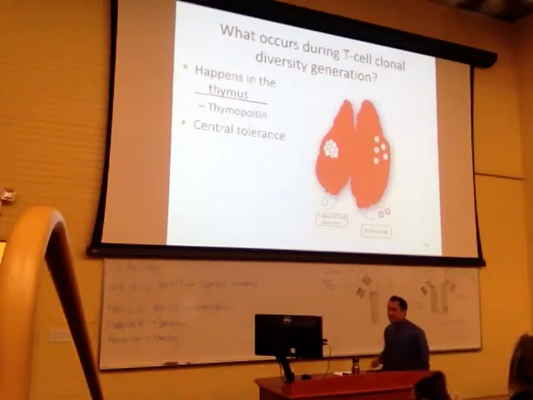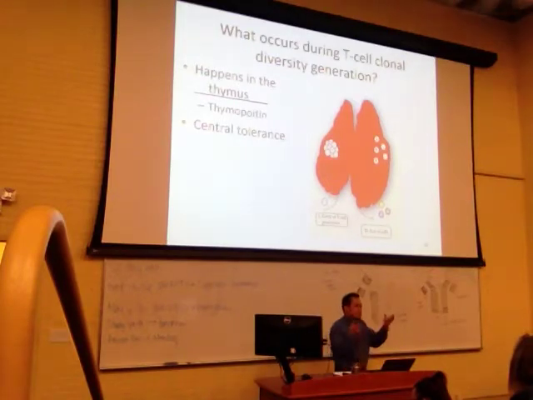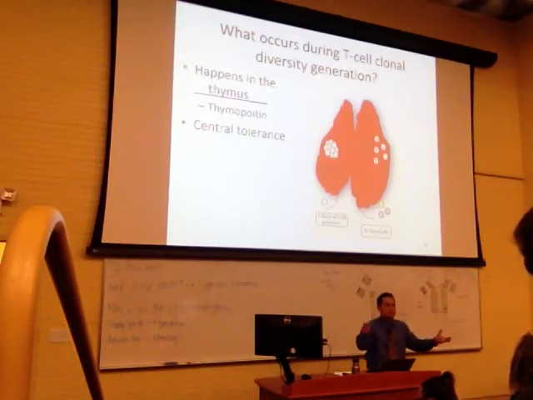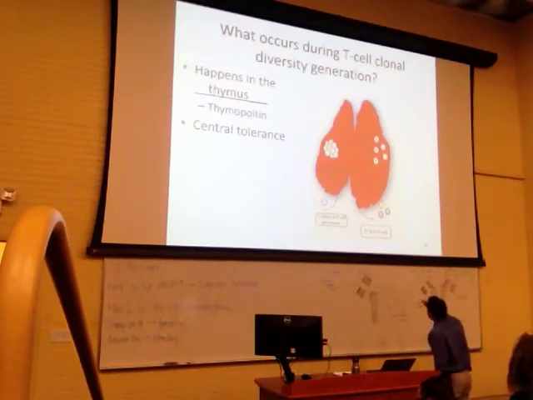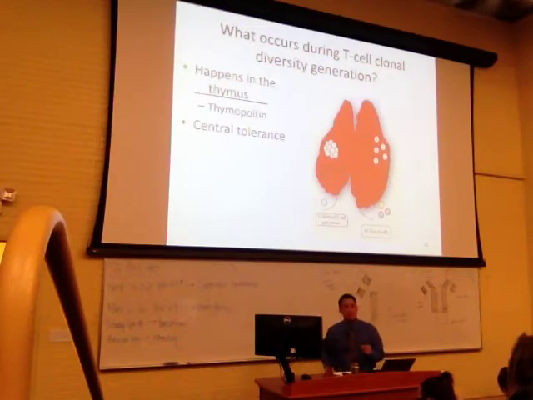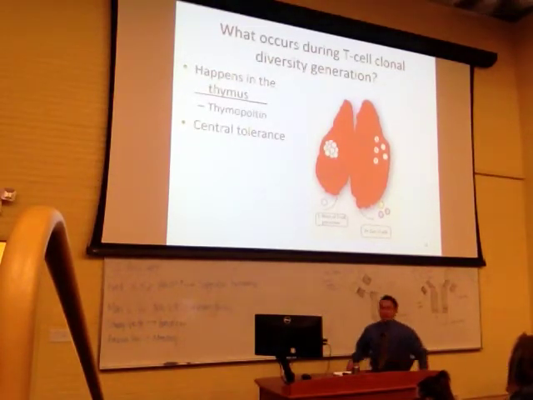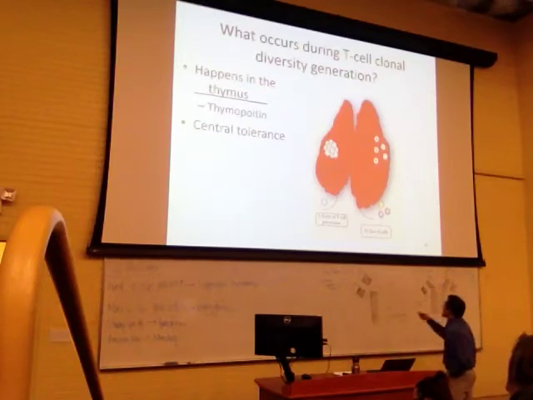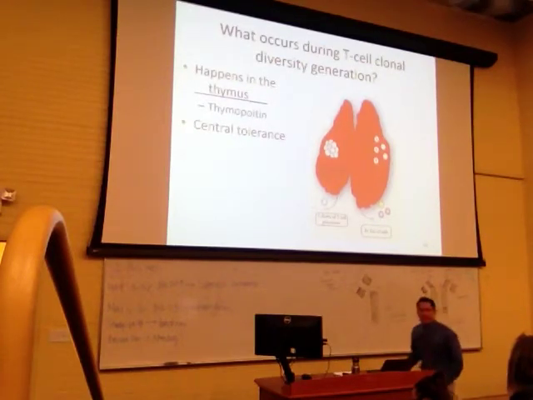In fact, about 90% of them, and 90% is the combo between central and peripheral. So many of them get screened here, and the idea is they exit out being immunocompetent into the periphery, but not self-reactive. But we know that in the thymus, sometimes we don't catch it, and so we have the exiting of cells. This is where peripheral tolerance picks up.